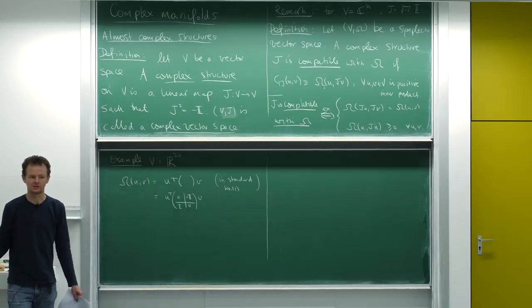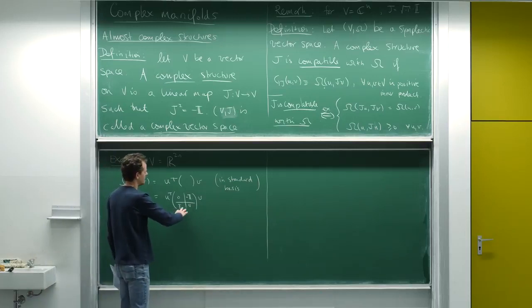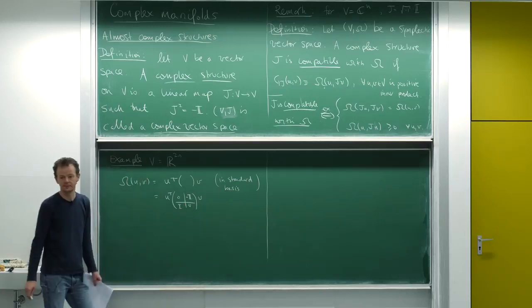So we know that by the symplectic Gram-Schmidt process, we can always write a symplectic form in matrix form like that.